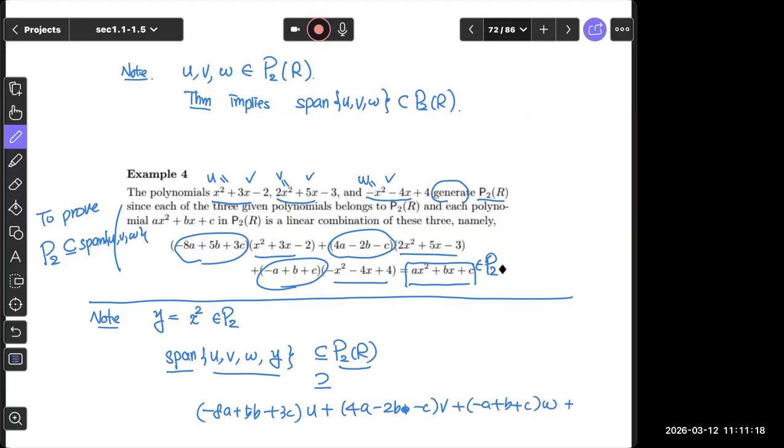And then I can add 0 times y, and that will be ax squared plus bx plus c. So that will prove the other direction. By combining these two, I can say u, v, w, and y will generate P2 as well.